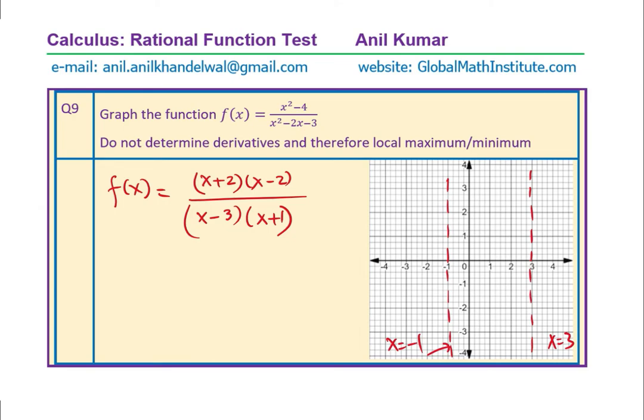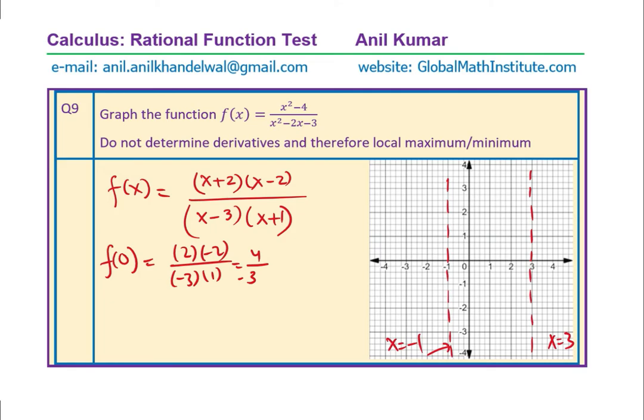You can find zeros or y-intercepts also. So let's put 0 there for x. So we get what? 2 times minus 2 over minus 3 times 1. So it is 4 over 3 with a negative sign. So minus 4 over 3.